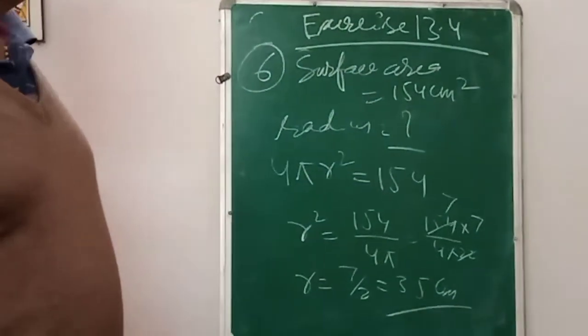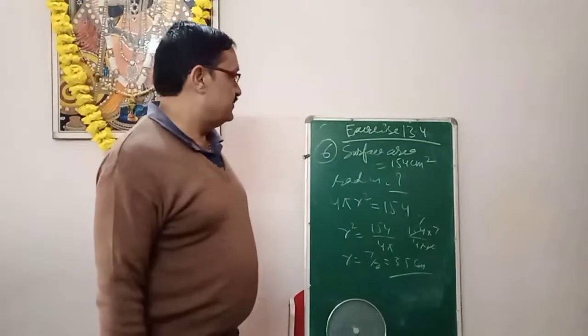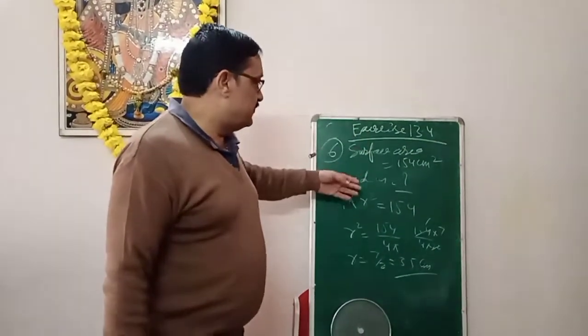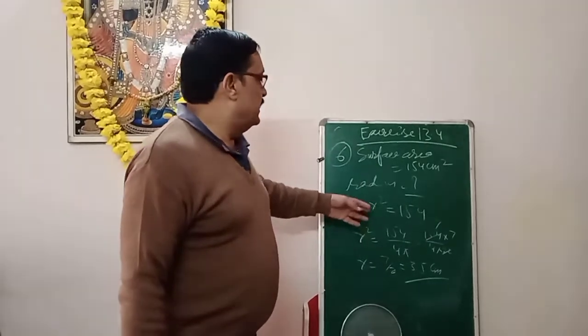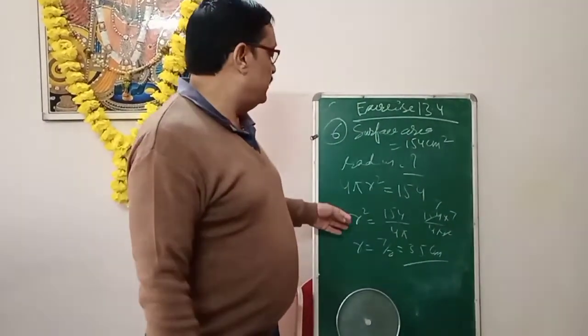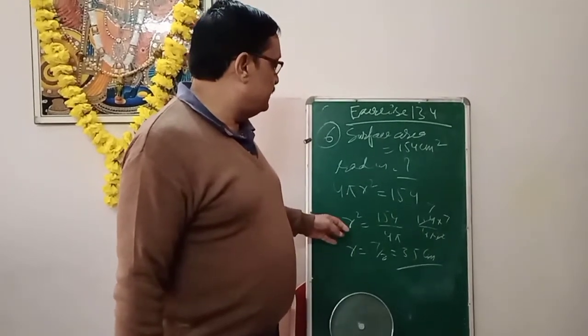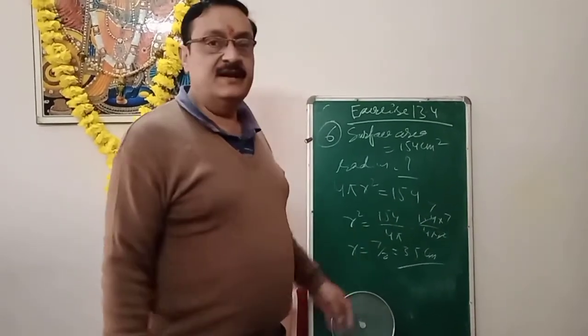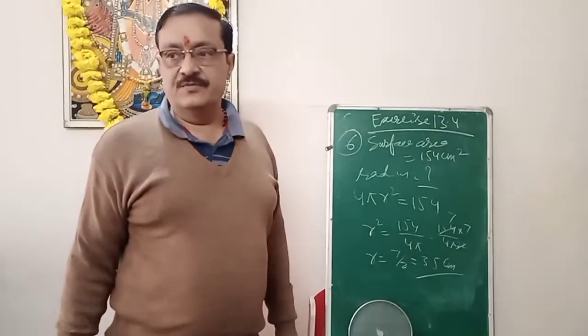So this was about the sixth question. We know the formula for surface area and that value is given, so we calculated this to find out the radius.